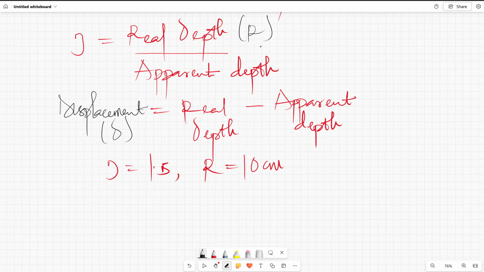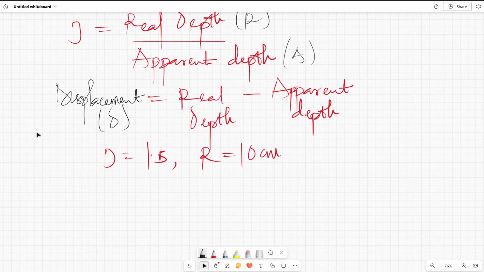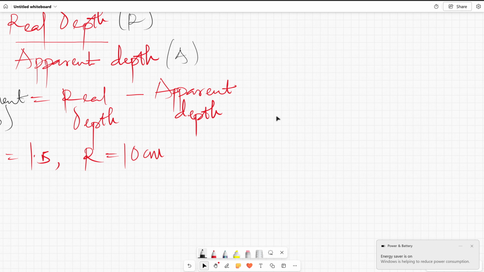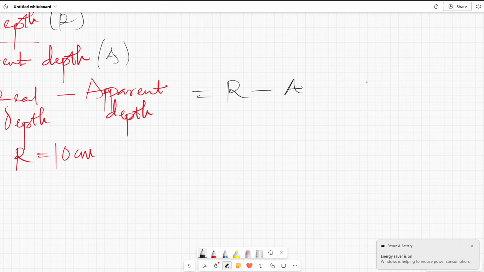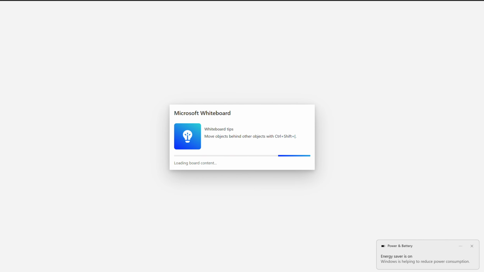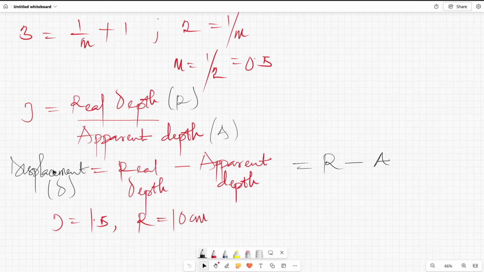This is R and this we use A. So if displacement is equal to real depth minus apparent depth, please note that this same formula can be written in letter representation as R minus A. As I've mentioned earlier, displacement is equal to real depth minus apparent depth, and using letter representation, real depth is R and apparent depth is A.